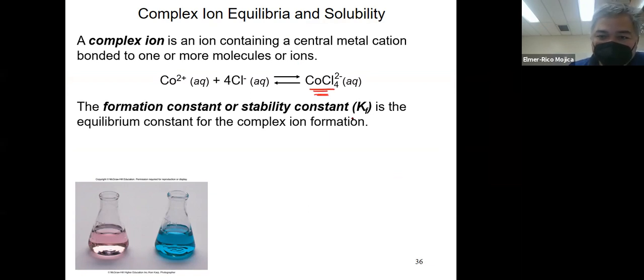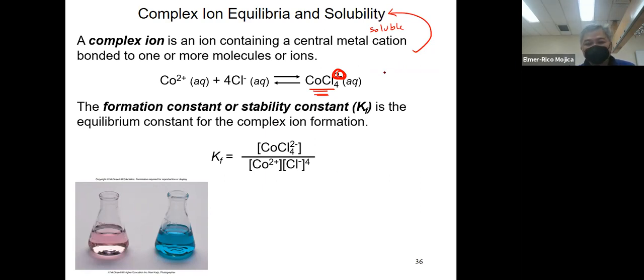And when you look at the solubility of a complex ion, it always has a charge. So that means it's always a soluble material. And the K value that you have here, you call it the Kf. If you're going to express the Kf for that, it's still the same products over the reactants. The concept of the chemical equilibrium is still applicable here.